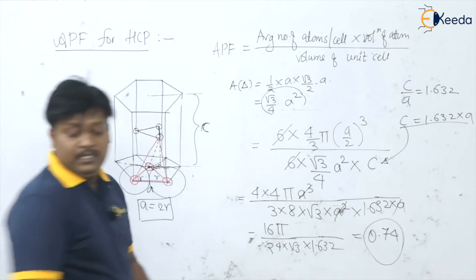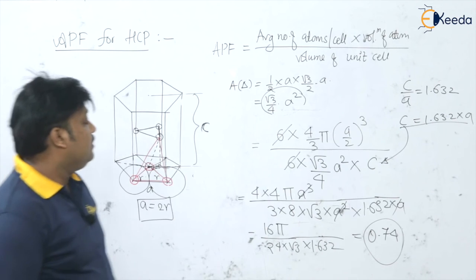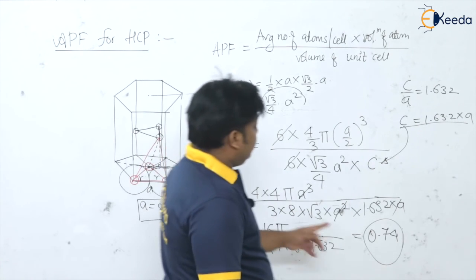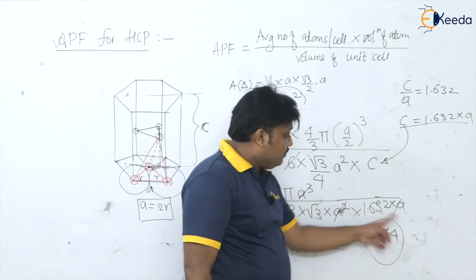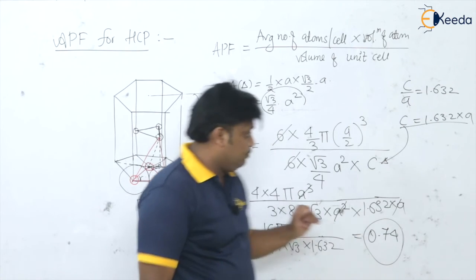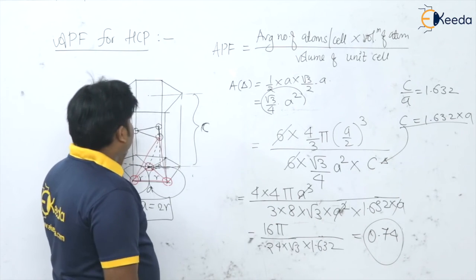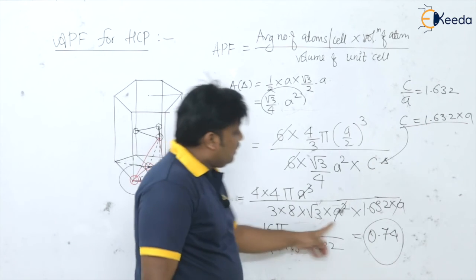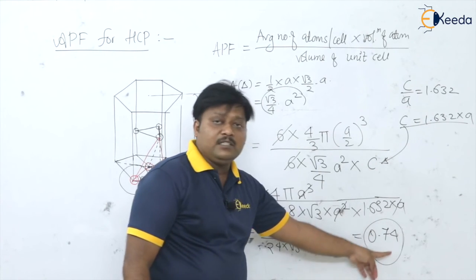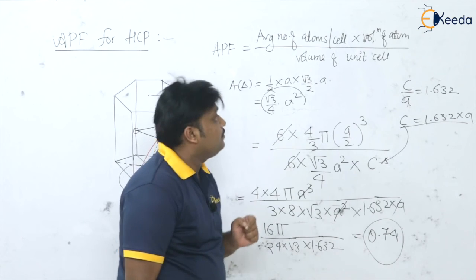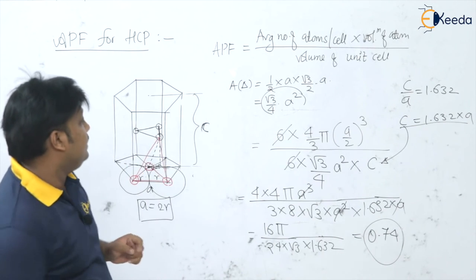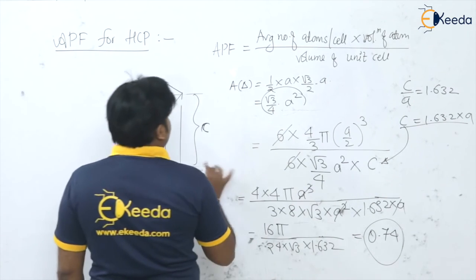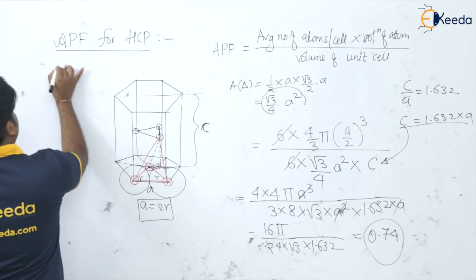Once again, see, for FCC you got 0.74, and again for this HCP, hexagonal closed pack structure, you are getting the atomic factor as 0.74.